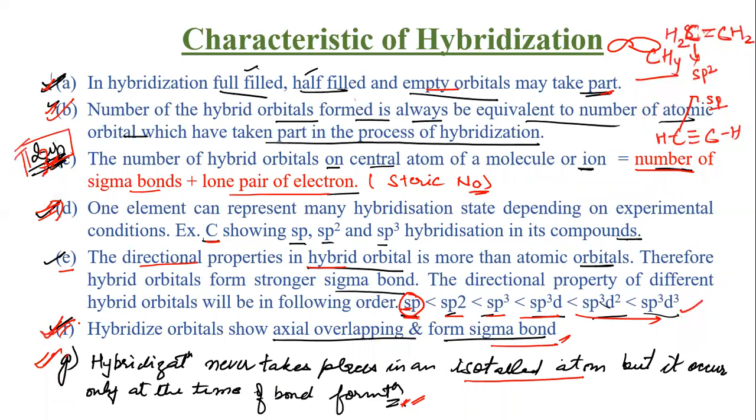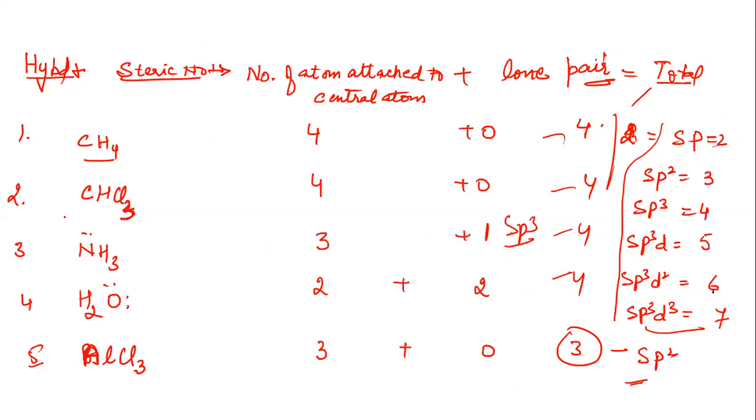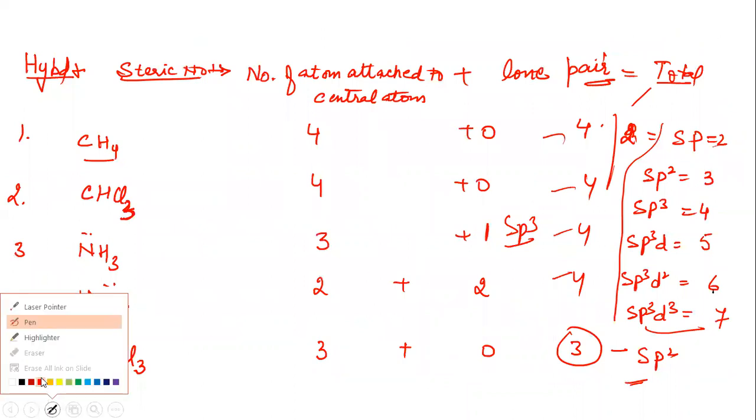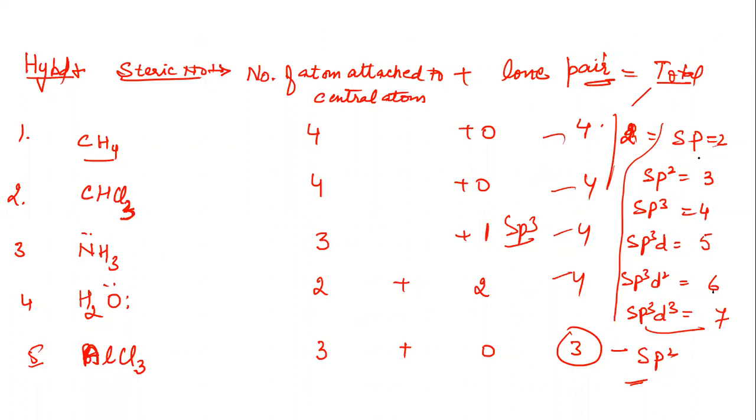Now we will discuss the C and D points, that how the same element is going to show different hybridization and what exactly the steric number is. If you are calculating the total number of bonds, or steric number, if the steric number is 2, then sp.